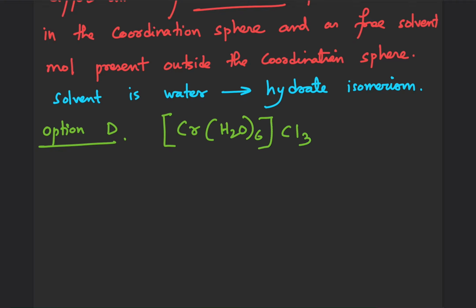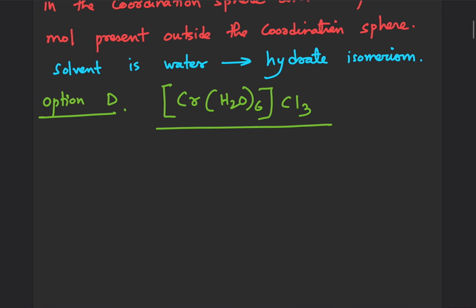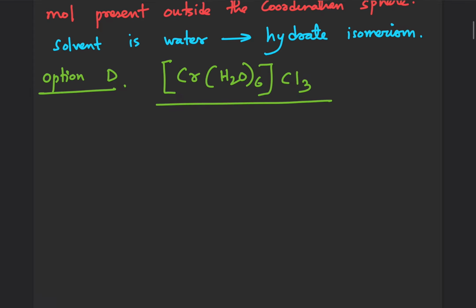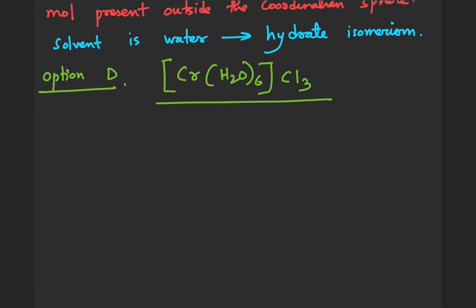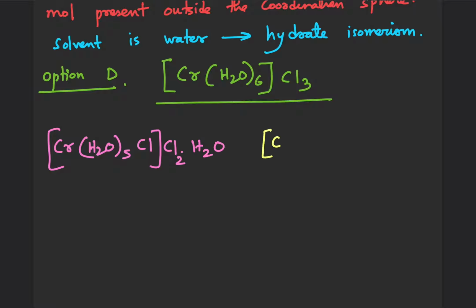In option D, they have given us the complex Cr(H2O)6 Cl3, with Cl3 outside the coordination sphere. This is your coordination sphere. How many water molecules are there inside the coordination sphere? 6. And how many are outside? 0. This complex also exists in the form of isomers. The other two forms are [Cr(H2O)5Cl]Cl2·H2O, and [Cr(H2O)4Cl2]Cl·2H2O.